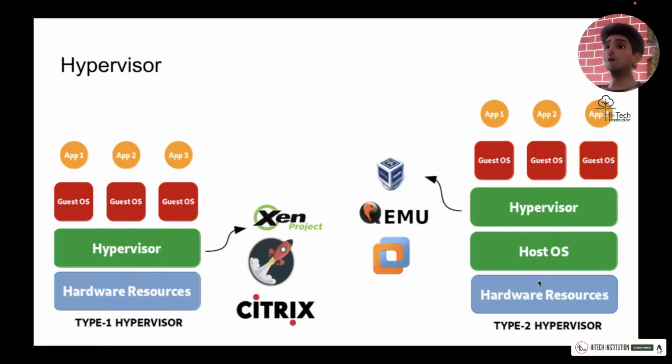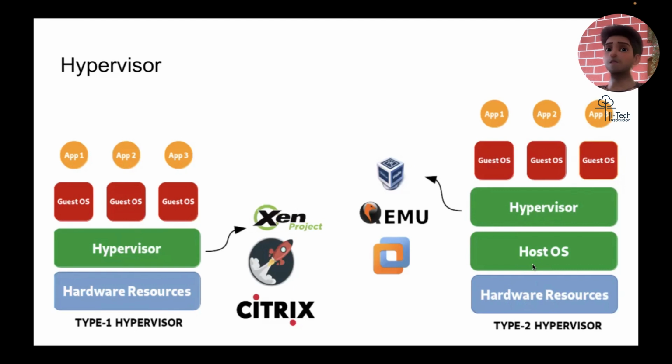If you compare that with the type 2 hypervisor, this is called hosted architecture. We'll have hardware, and on top of the hardware we will install a host operating system. Many of you have installed a hypervisor on your local laptop, like VMware Workstation or Oracle VirtualBox.